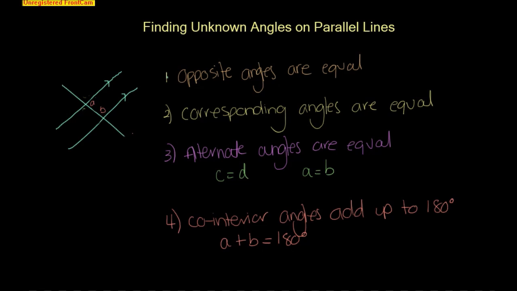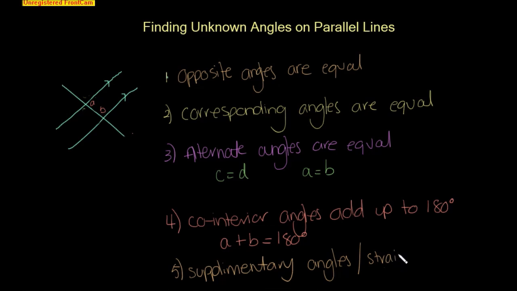There's one more relationship with angles we can use, especially if we don't have any right angles. If we've got our parallel lines like I've drawn here, we can use the relationship of supplementary angles, or angles on straight lines that add up to 180 degrees.